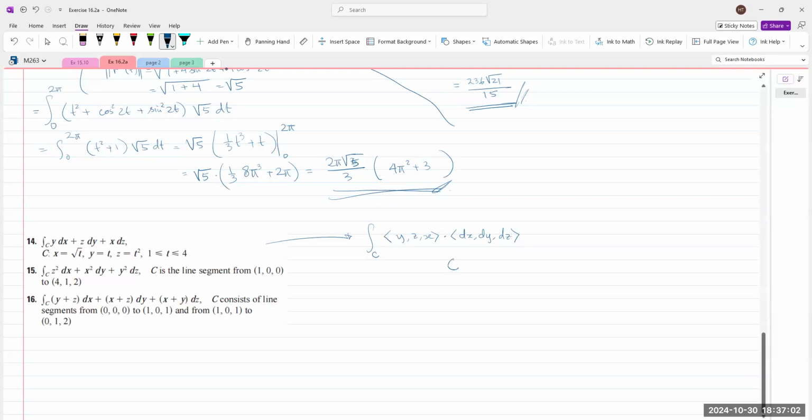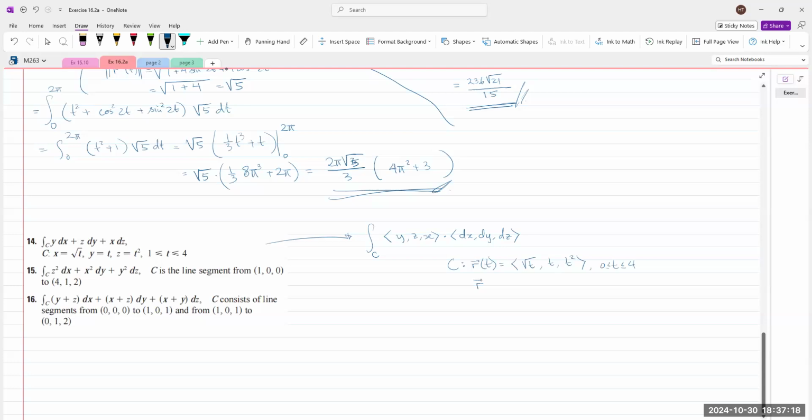So C is parameterized by r(t) equals square root of t, t, and t squared, where t is from 0 to 4.